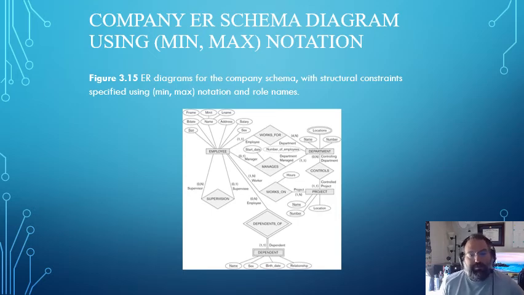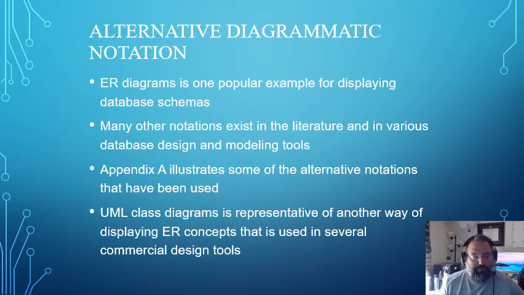Company ER schema diagram using min-max notation. We're adding the min-max to the notation. Alternative diagrammatic notation. ER diagrams are one particular popular example of displaying database schemas. Many other notations exist in literature and various database design and modeling tools. Appendix A later on illustrates some of the alternative notations that are used.